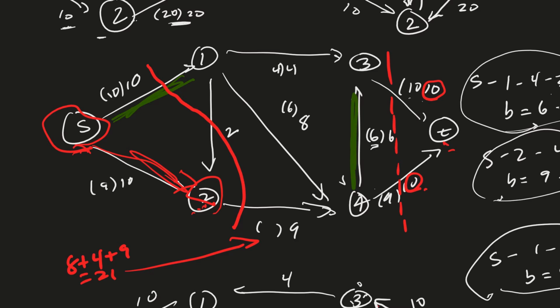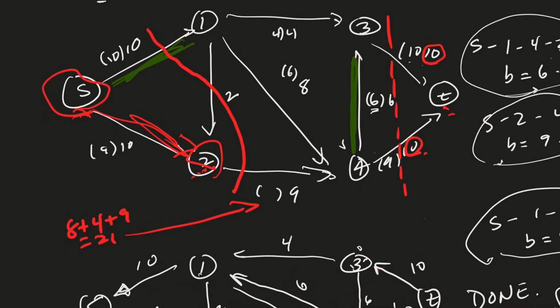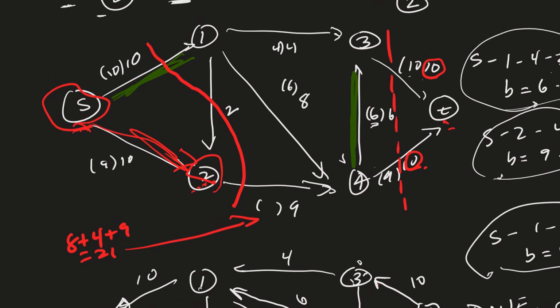Let's see, what did we have there in 9? I think we had 9, right? Good. And so what is the capacity of this cut? Well, it's going to be 10 plus 9. So the capacity of this cut is 19.